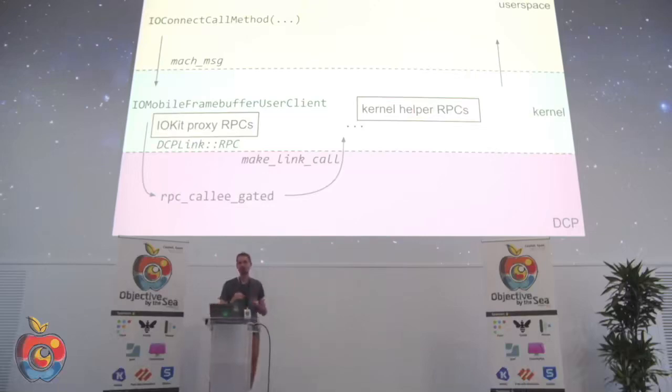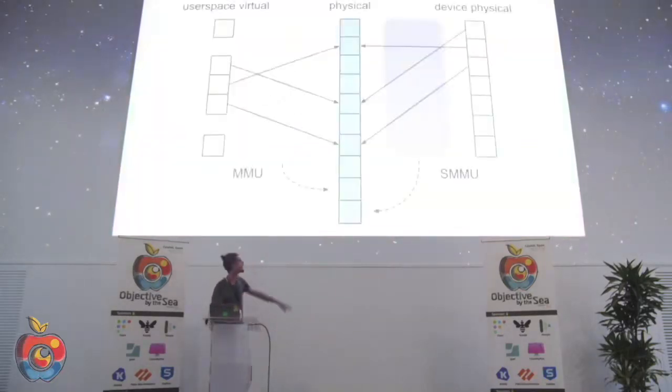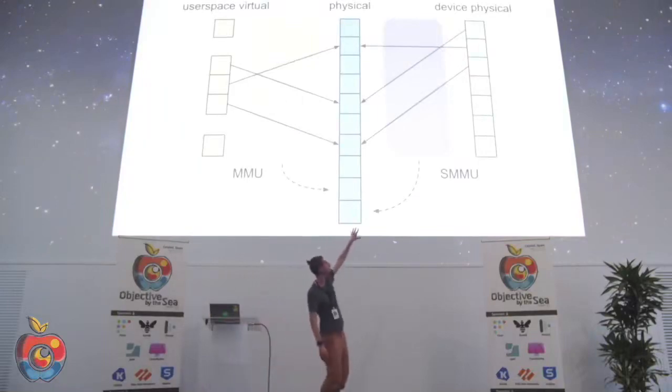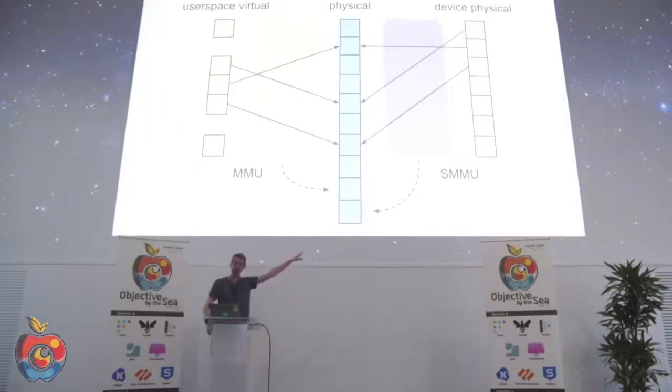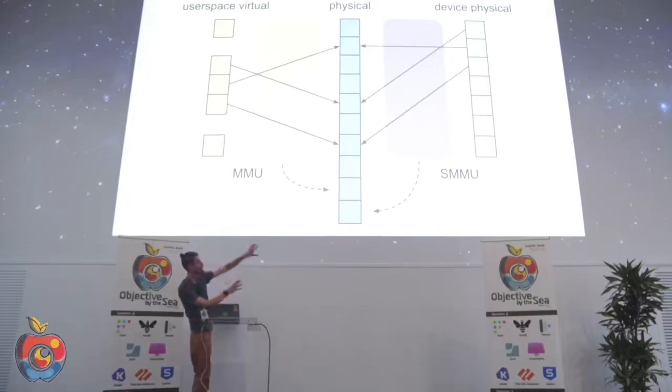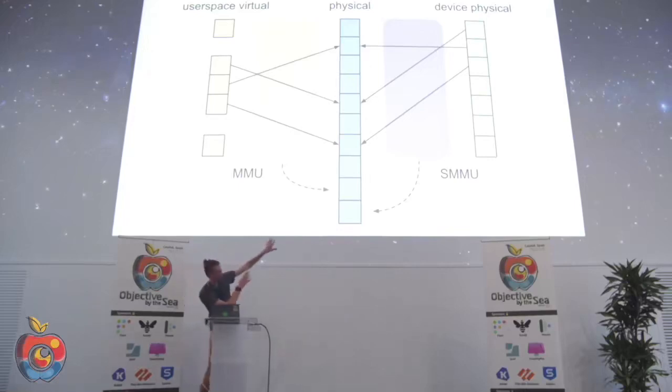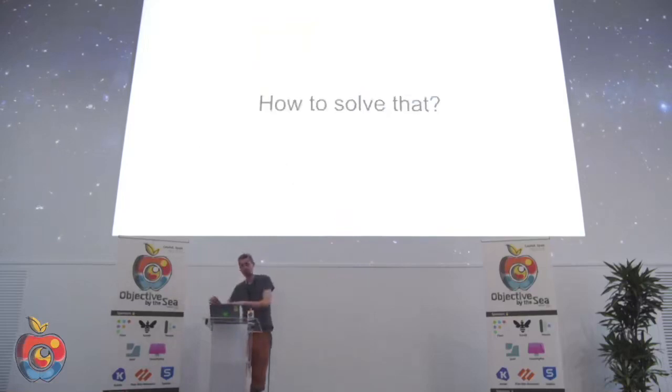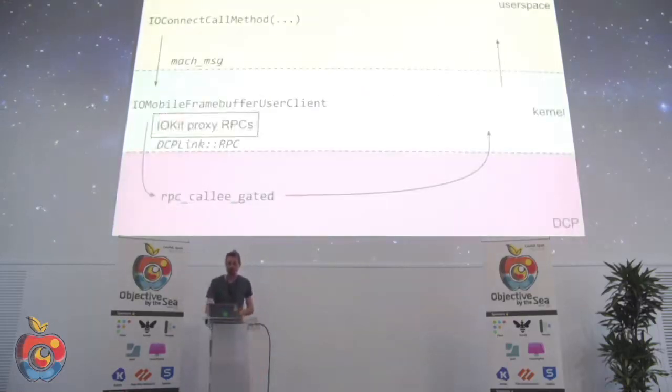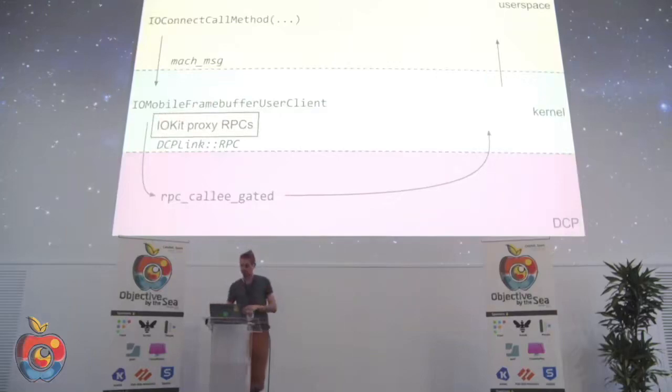These effectively mean that the display coprocessor can just request completely arbitrary mappings to be put into its SMMU table here, which effectively means that the security properties of the DART, in Apple's case, are not actually enforced once you have code execution on the display coprocessor.